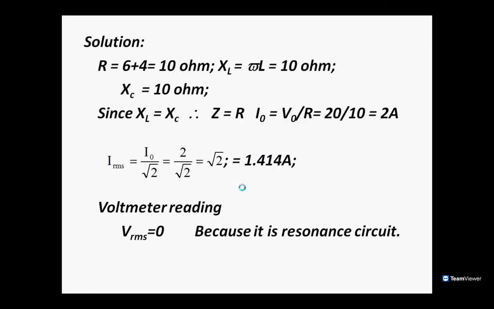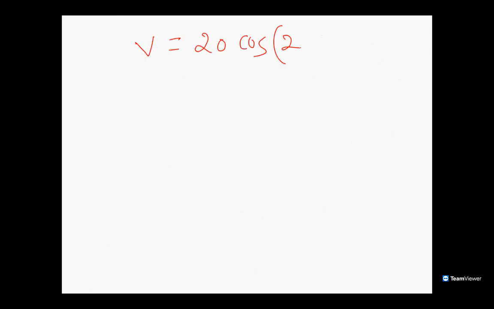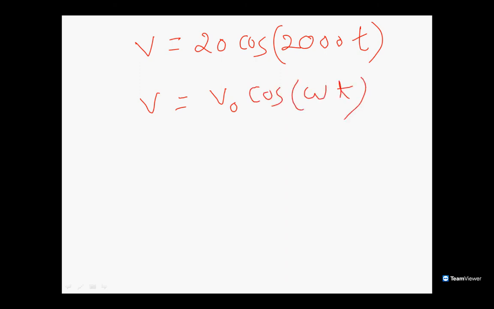Here, V equal to 20 cos of 2000 t. The standard equation is V equal to V naught into cos of omega t.